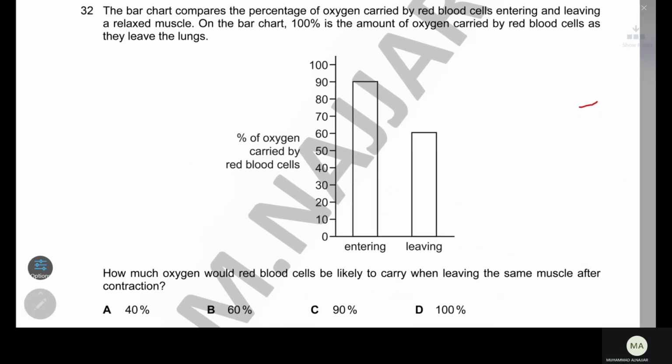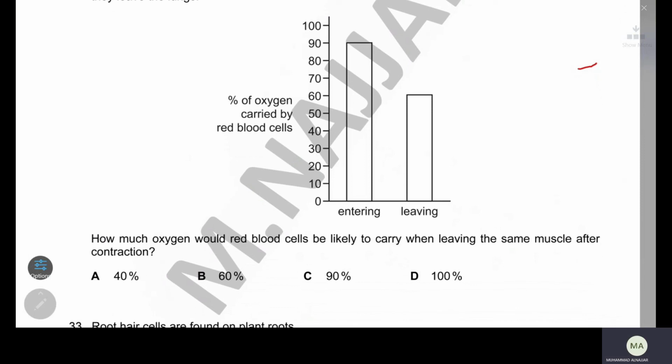How much oxygen would red blood cells be likely to carry when leaving the same muscle after contraction? Yeah, this is a very good question. You can answer this very easily. So, what is the correct answer here?